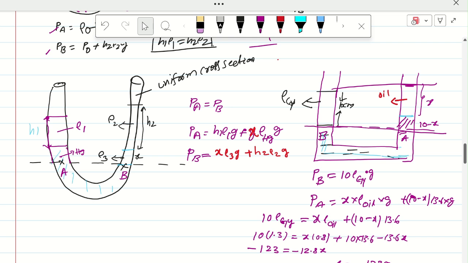Now in this example, H1 is one liquid, H2 is another liquid, and the remaining is another liquid. So three liquids are there, in a uniform cross section. Don't think about the diagram; that is the reason I have given a uniform cross section. When the cross section is uniform, however much volume is depressed in one limb, that much volume will be raised in the other limb.